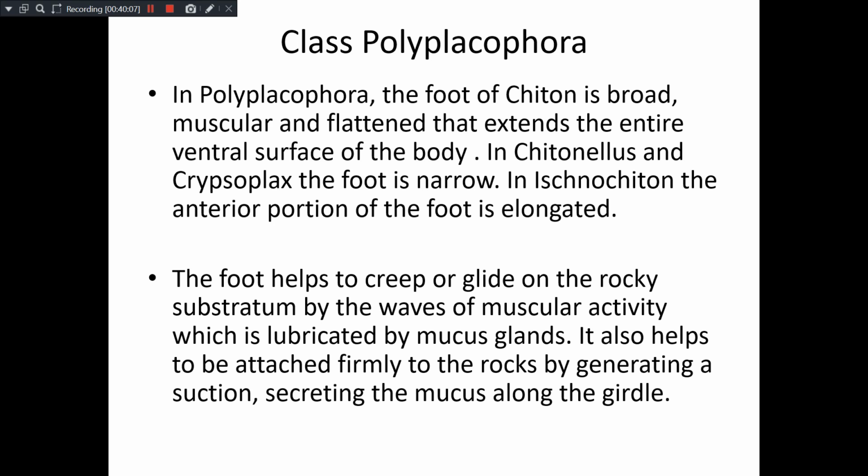In class Polyplacophora, for example the chiton, the foot is broad, muscular, and extends over the entire ventral surface of the body, very large and flattened. In other examples like Chitonellus and Cryptoplax, the foot is narrow, whereas in chiton it is very broad. In Ichnochiton, the anterior portion of the foot is elongated and large.